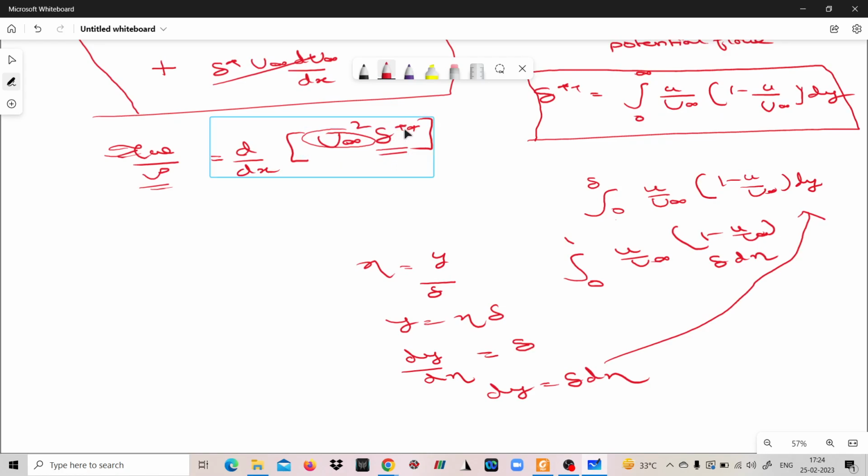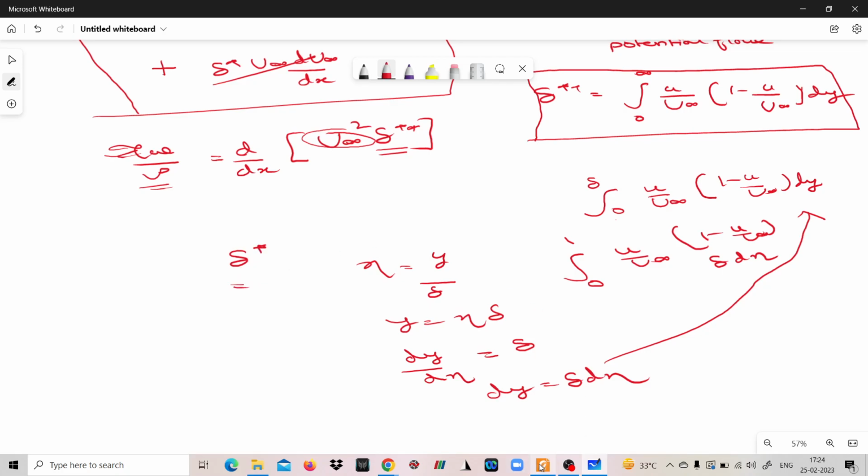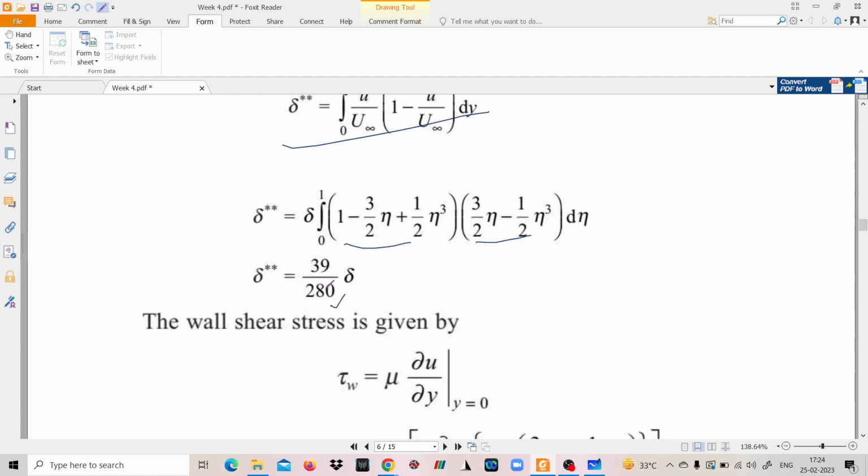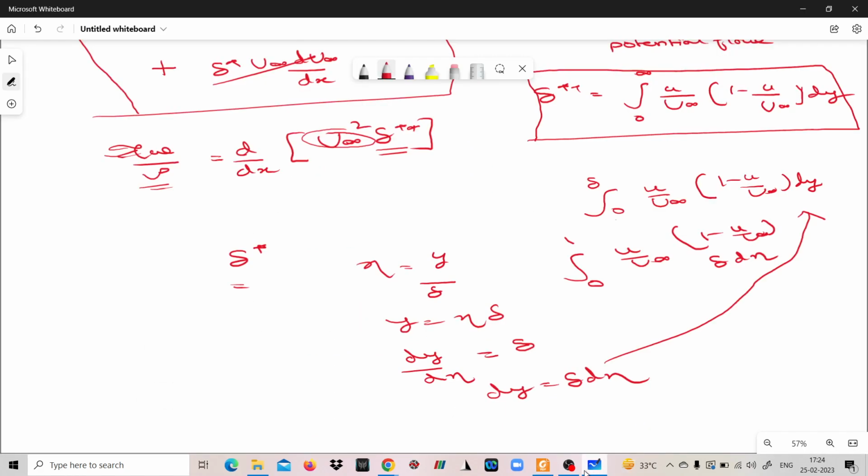What is the value of delta star star that has been obtained? Delta star star is 39 delta by 280.